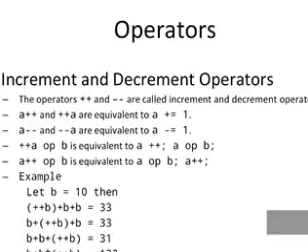A plus plus is the post increment and plus plus A is the pre increment. And A minus minus and minus minus A are equivalent to A minus equal to 1. In the same way, A minus minus is the post decrement and minus minus A is the pre decrement.